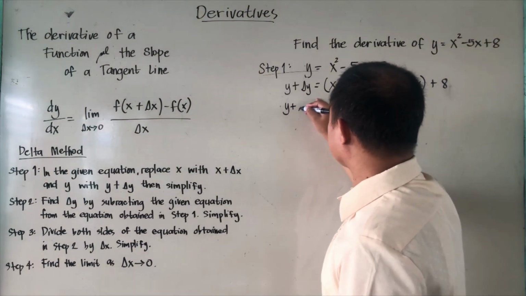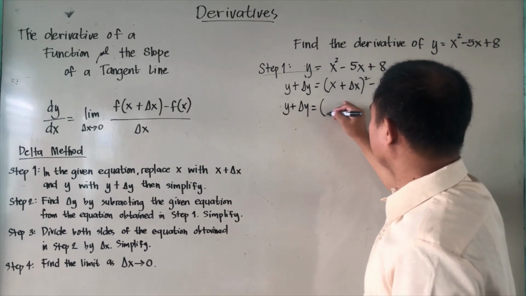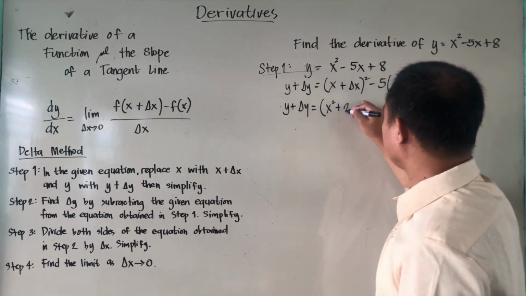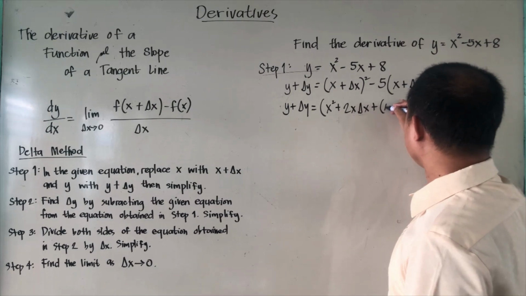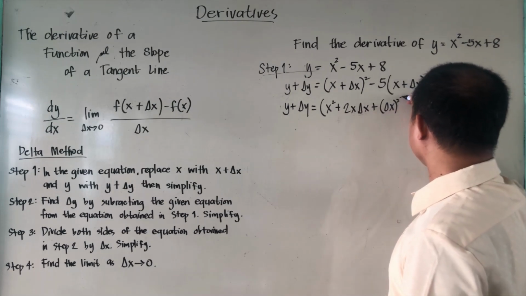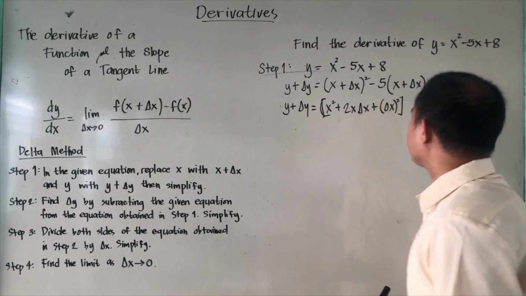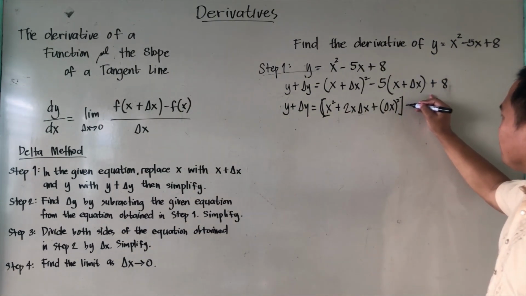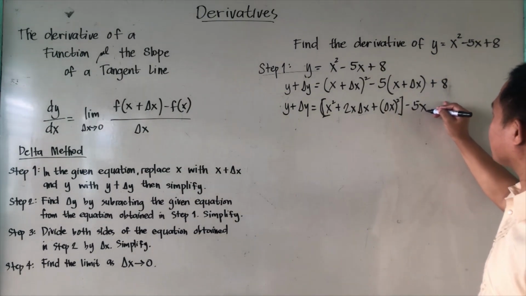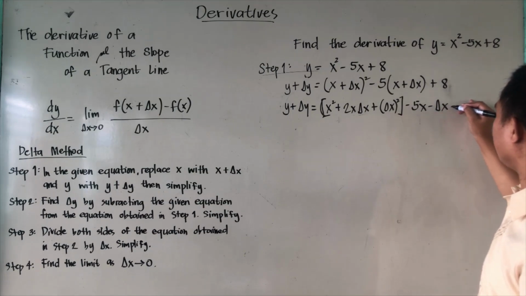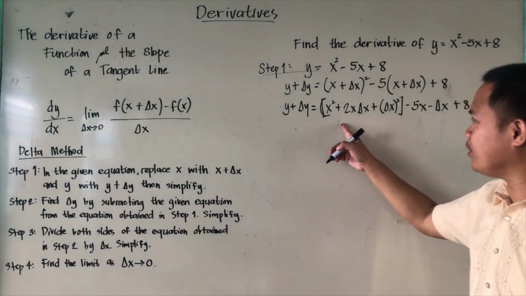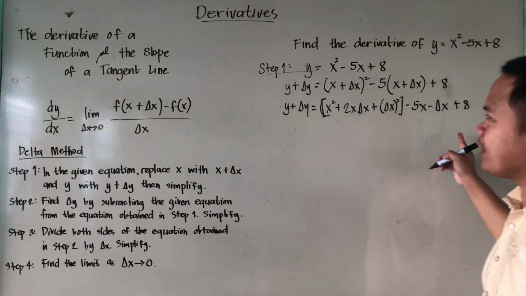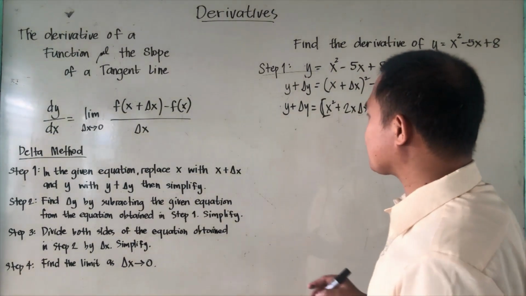Y plus delta y is equal to x squared plus 2x delta x plus delta x squared. Okay? So we have also minus 5x minus delta x plus 8. Okay na po. This will be your simplified form in terms of step 1.